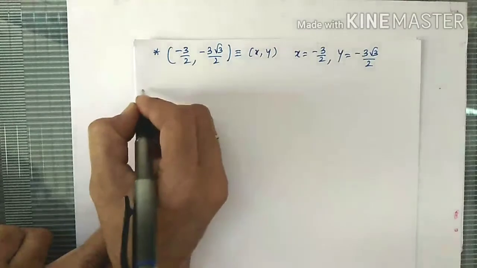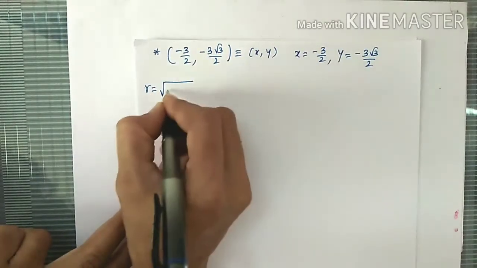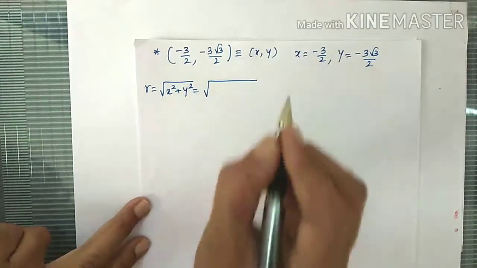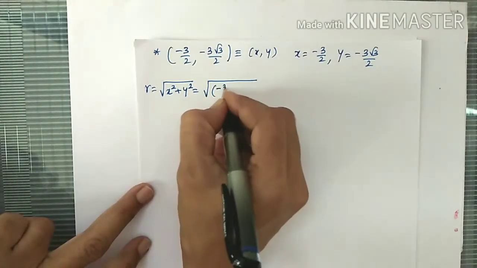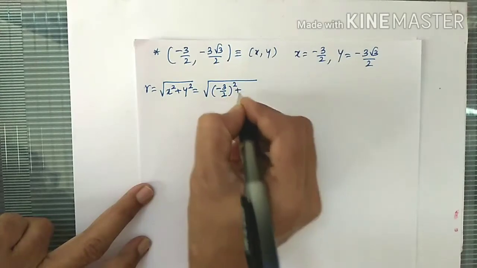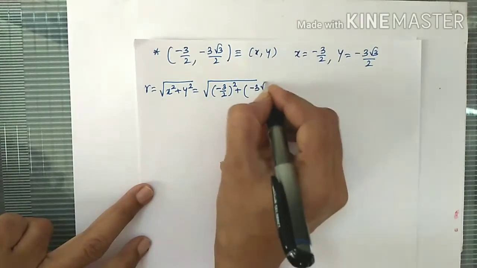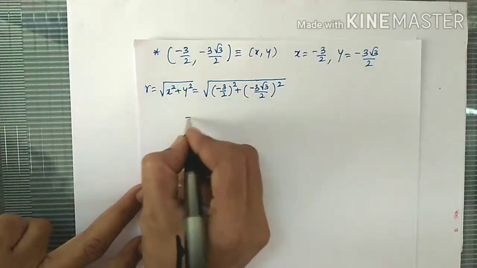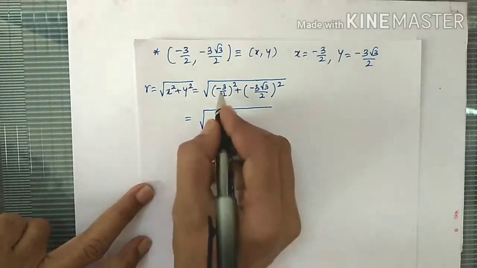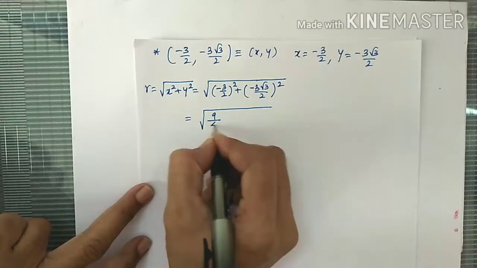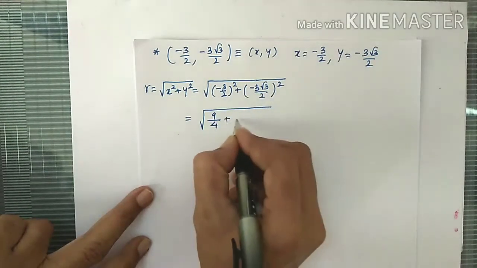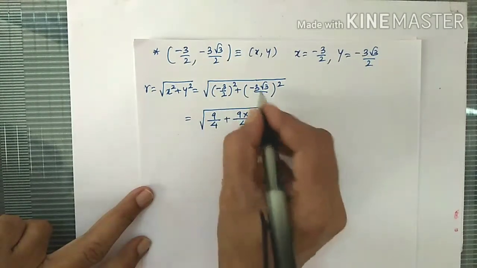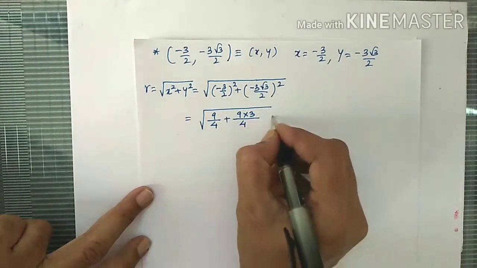So first let's find out r. R is root x square plus y square. So root of minus 3 by 2 square plus minus 3 root 3 upon 2 square. So that is equal to root, 3 square is 9, 2 square is 4. Here 2 square is 4, 3 square is 9 and root 3 square is 3.